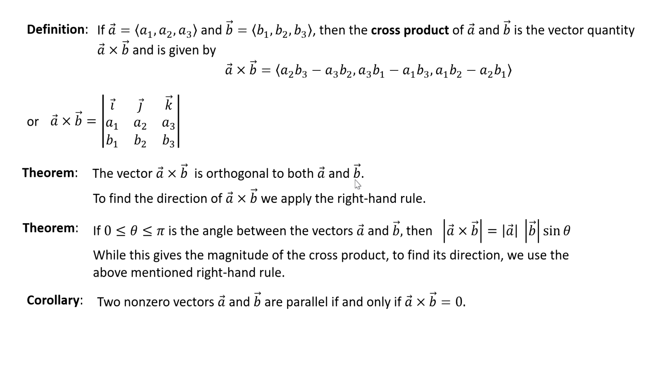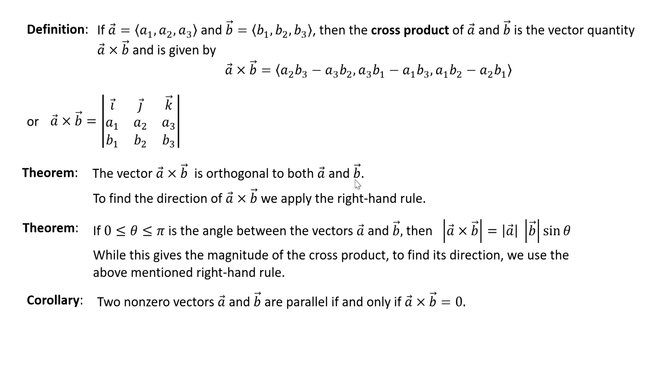At the same time, if a cross b is 0, then the two non-zero vectors a and b are parallel. That's the implication of this. And that apparently is the corollary from the theorem, meaning something that you can figure out from the previous theorem. Is that true?